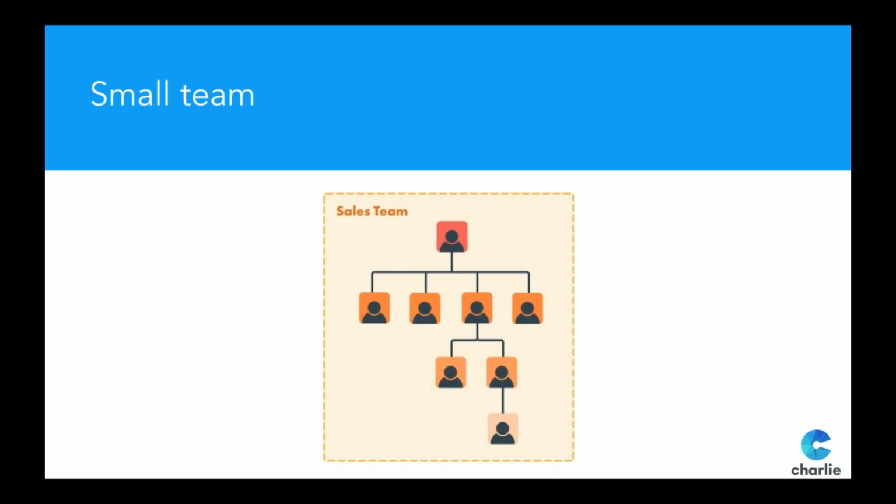So you're going to set that up, again through the people page or on their profile, where you can specify who is line managing who. And then what you're going to want to do is create just one big team, for example call it something like sales team, and add everyone within that team. So this is quite a simple setup, and there are no additional teams here.